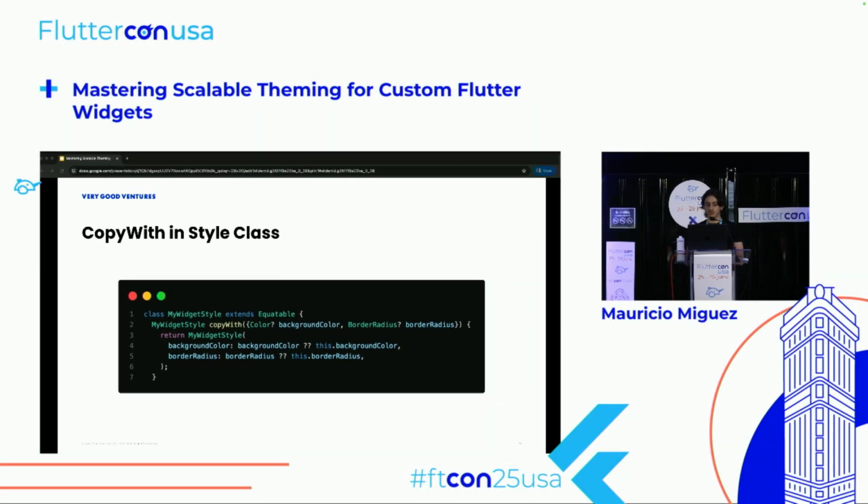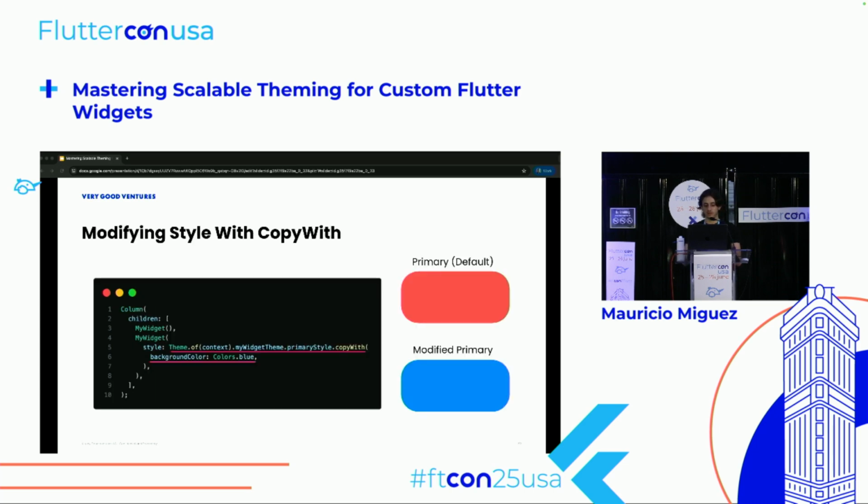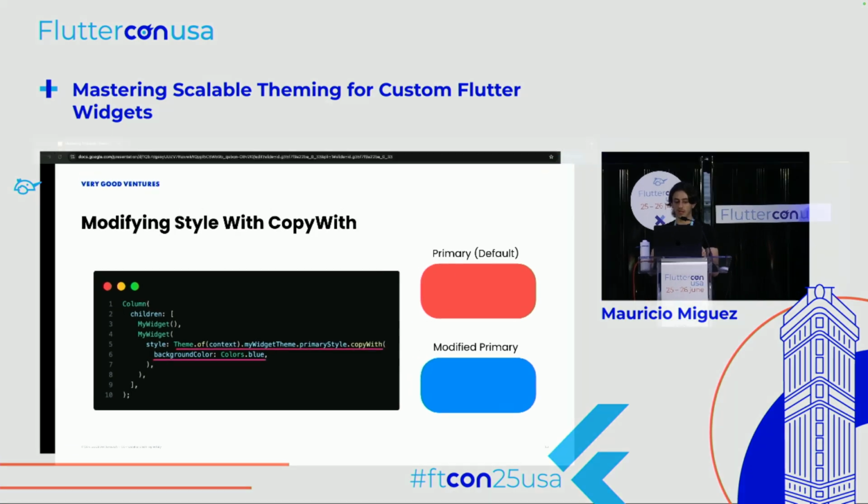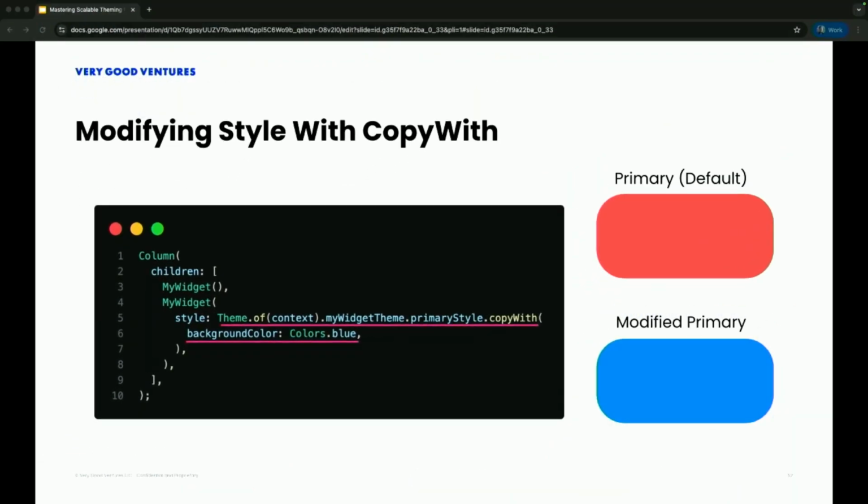I also encourage you to define a copyWith method in your own style class. This way, it's much easier to modify your style parameters without having to remake the whole class. In this instance, I copyWith the primary style and then change the background color to blue. So we have the primary style with just a slightly modified background color.